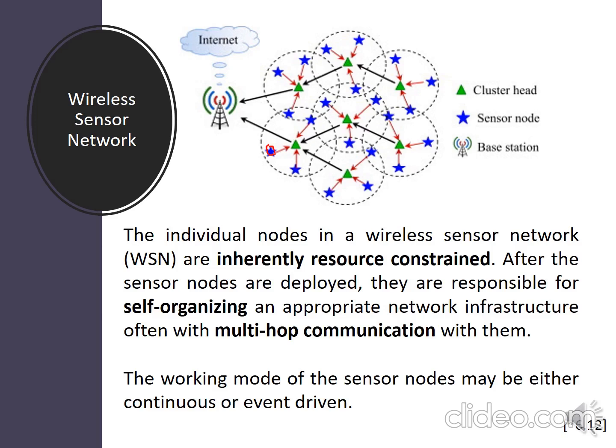So in ZigBee or XBee, the range would be, I'm not sure, 10 meters or 100 meters, but anyway, let me make sure.